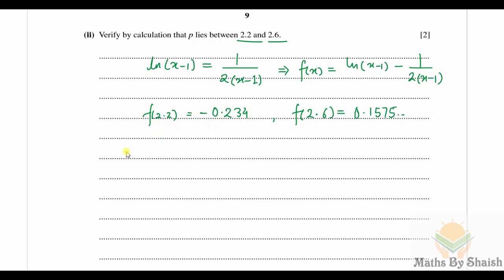So from here we can say that p lies between 2.2 and 2.6, as f of 2.2 is less than 0 and f of 2.6 is greater than 0. So I hope it is clear. Let's do the next question.